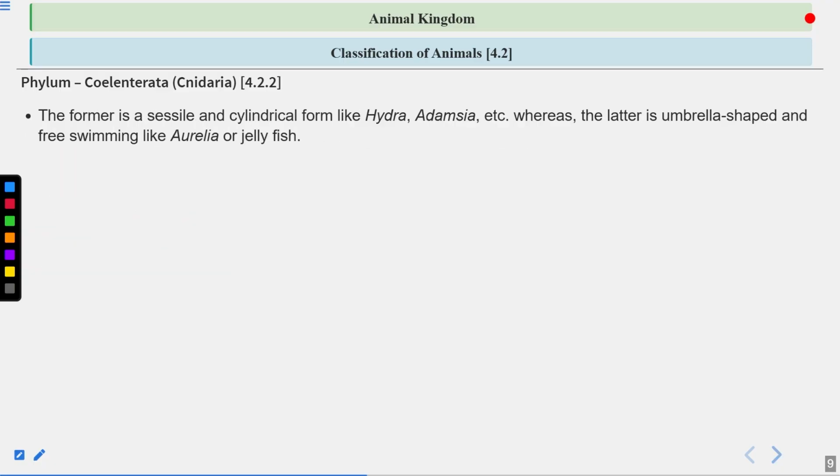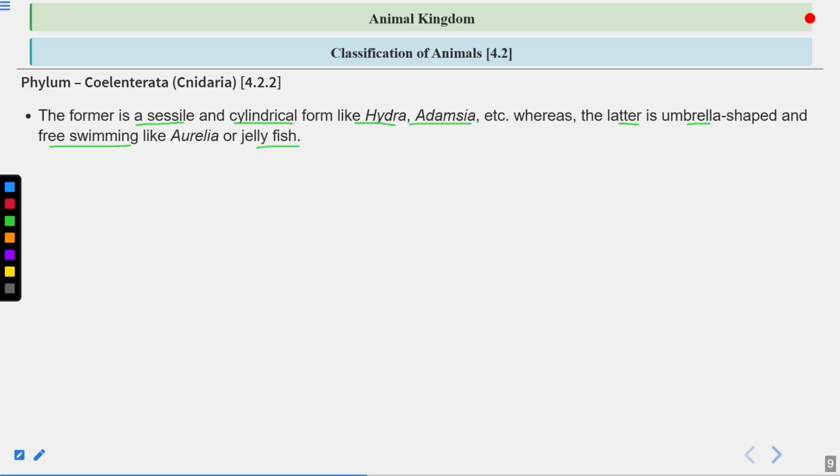The former, the polyp, is sessile and cylindrical, as you see in Hydra and Adamsia. Whereas the latter, the second one, the medusa, is umbrella shaped and free swimming, like Aurelia and jellyfish.